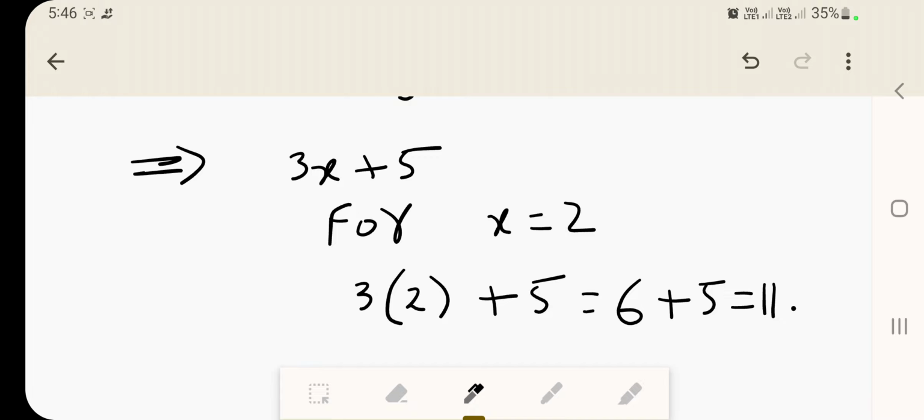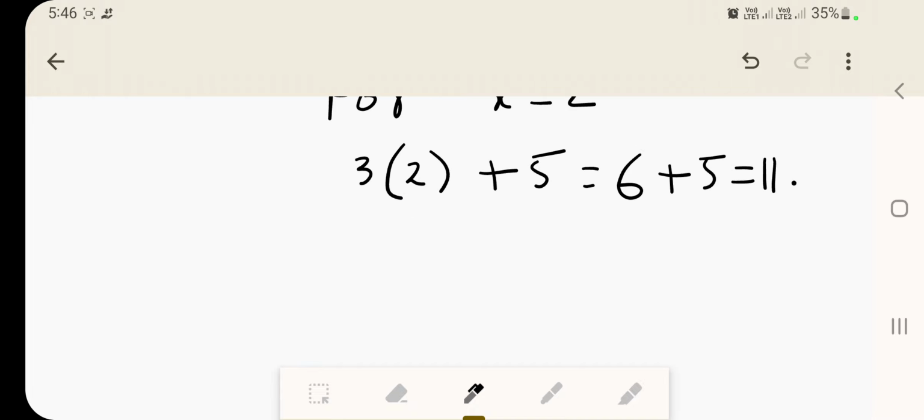So for example, if they ask: find the number of terms in the given algebraic expressions. This kind of expression is also called an algebraic expression.